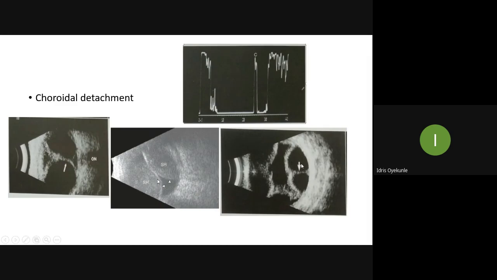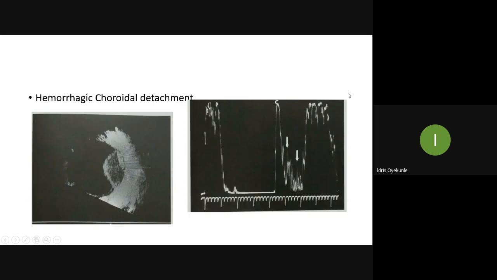This is also this kind of image of choroidal detachment. In hemorrhagic choroidal detachment, just like I was telling us, initially you see a very highly reflective spike, which corresponds to the retinochoroidal tissue.